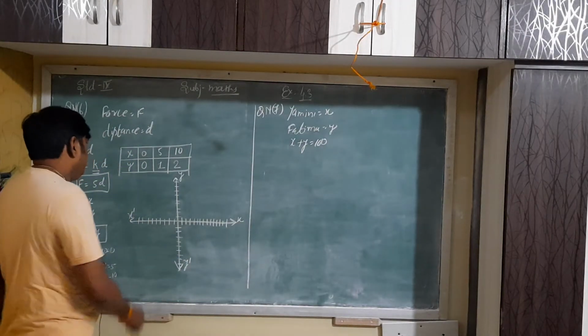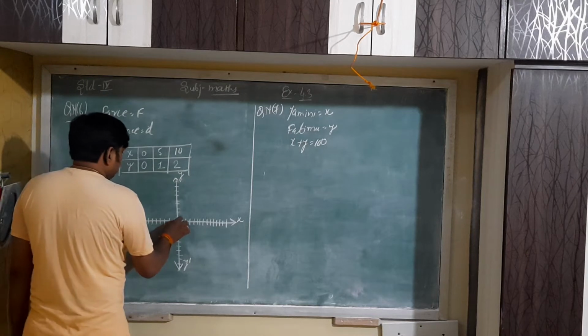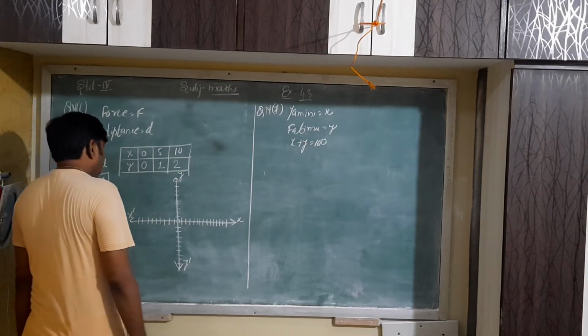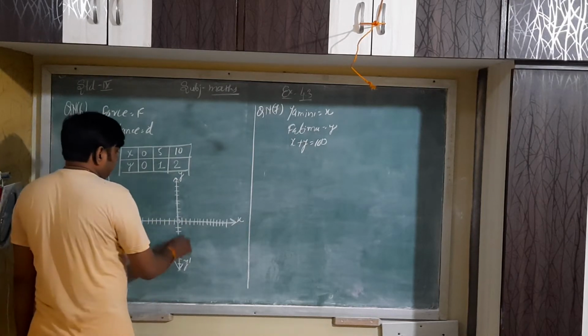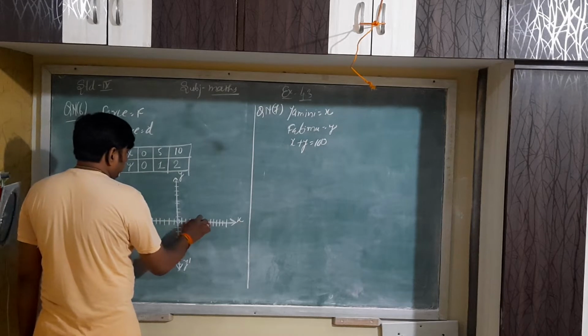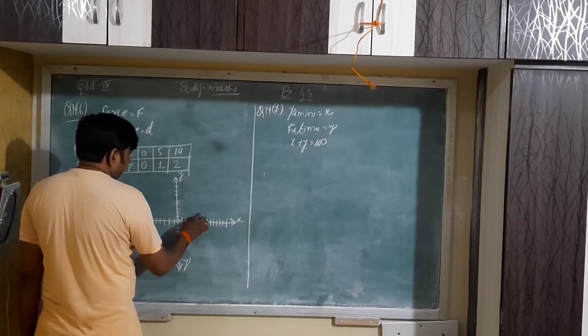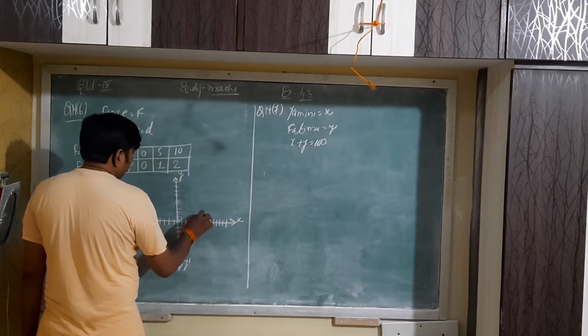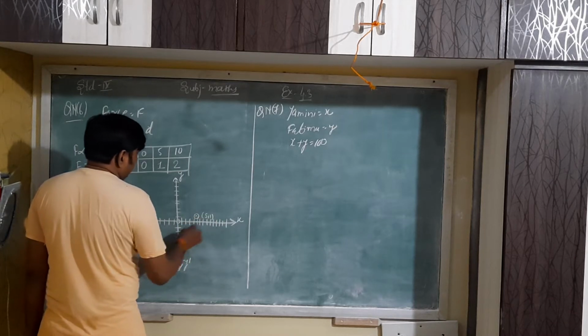First 0 comma 0, the origin. Then x equal to 5 and y equal to 1, the point 5 comma 1.